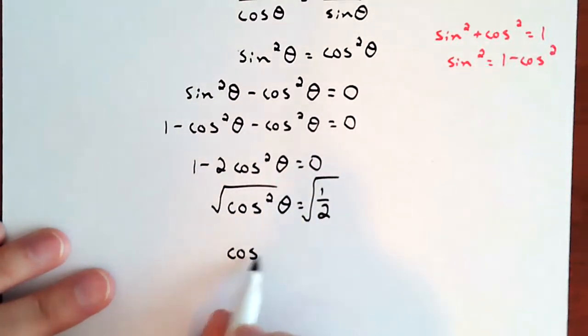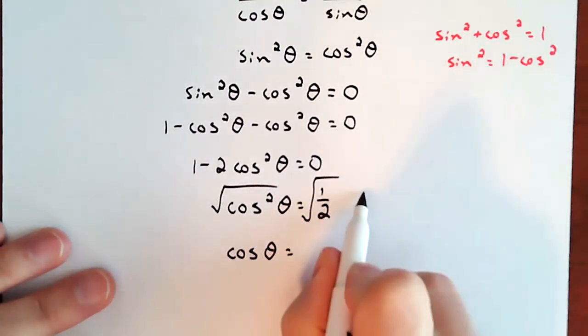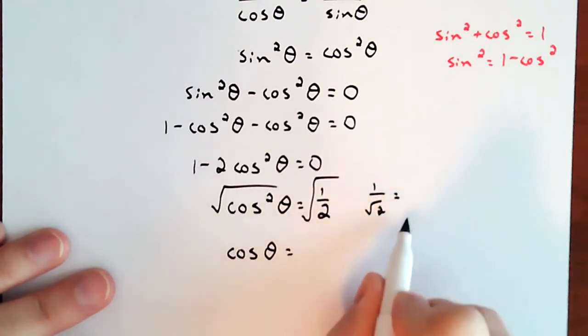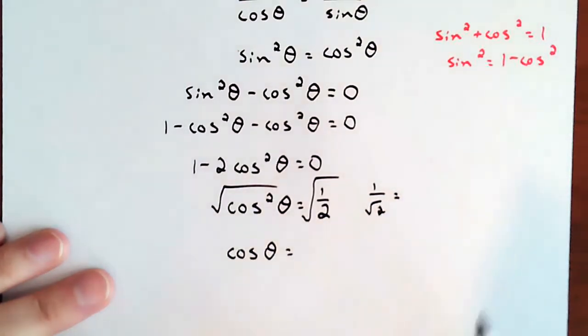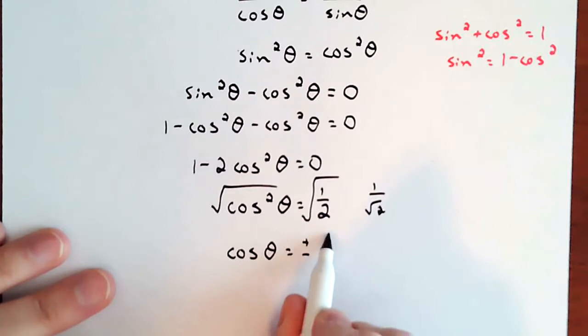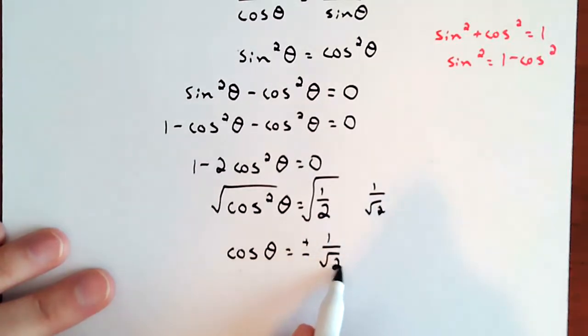And so cosine theta is the square root of 1, which is 1 over square root of 2, which if you rationalize it, but I actually don't want to. So I'm going to leave it as a plus or minus 1 over square root of 2.